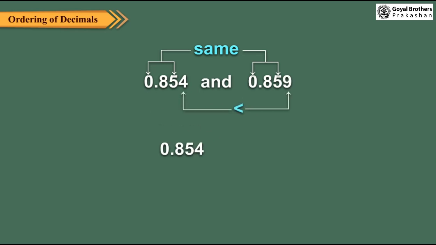Here, the whole number part, that is the ones digits, 10th digits and the 100th digits are the same. So we compare their 1000th digits. Since 4 is less than 9, so 0.854 is less than 0.859.